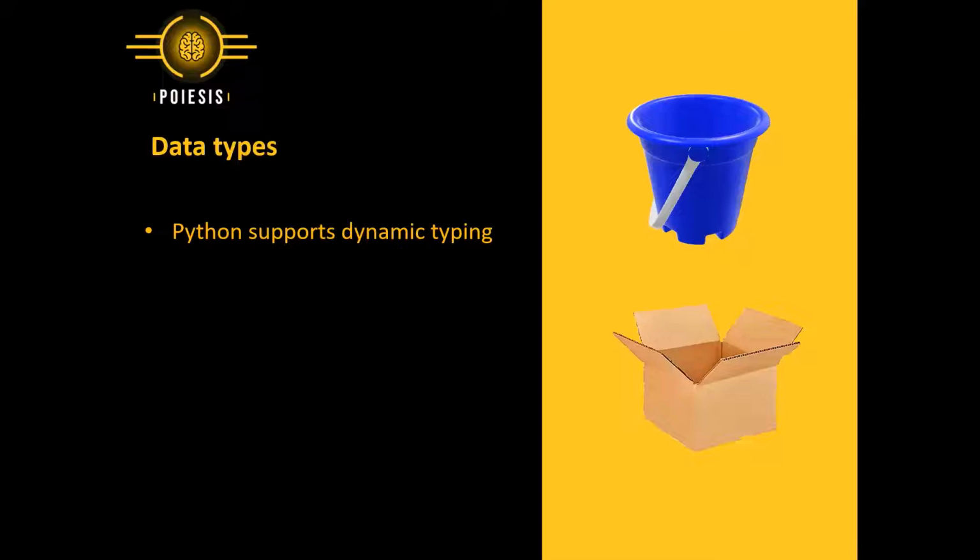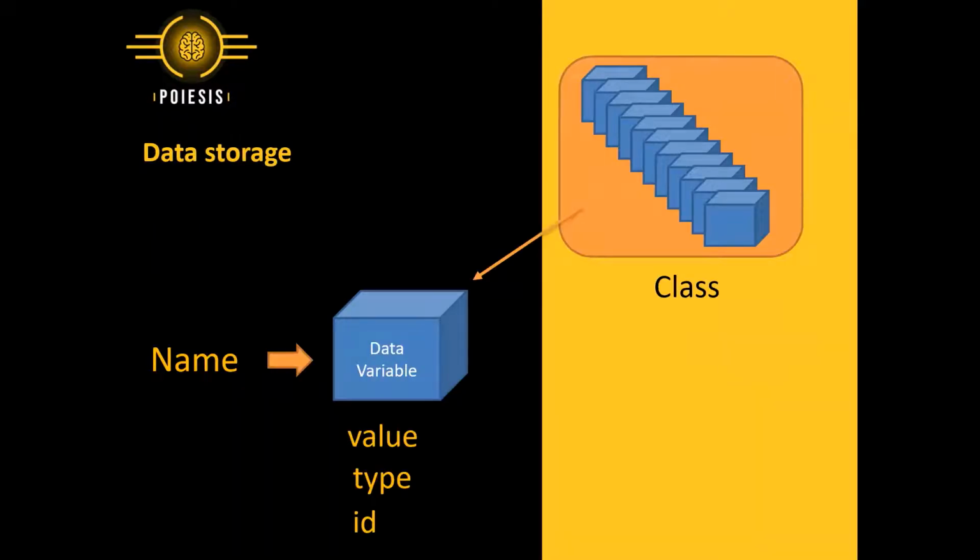Was your choice of container based on the type of material to be stored? The answer is yes, right? Python does the same thing. It selects memory containers from predefined groups or classes based on the type of data to be stored.